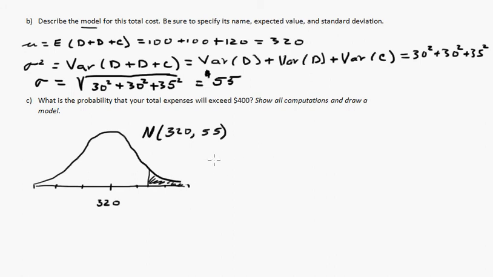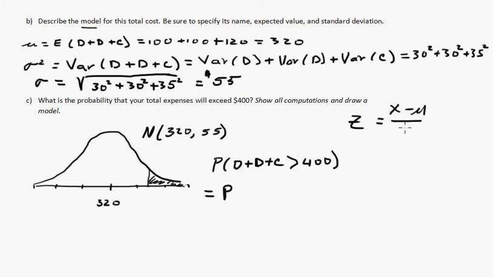So what's the probability that D plus D plus C is greater than 400? Well, recall, Z equals X minus mu divided by sigma.